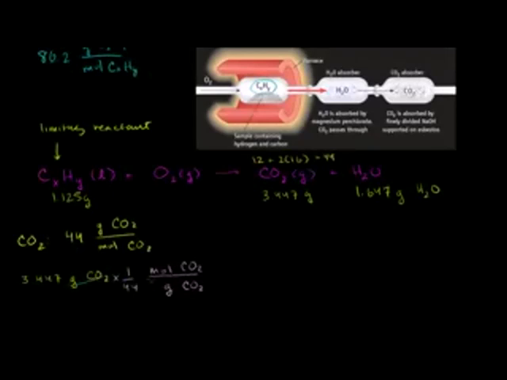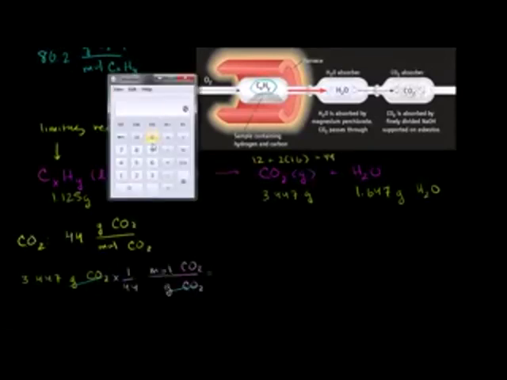The grams of CO2 cancel out with the grams of CO2. And you are left with 3.447 divided by 44. So let's figure out what that is. So you have 3.447 divided by 44, which is equal to 0.07834.